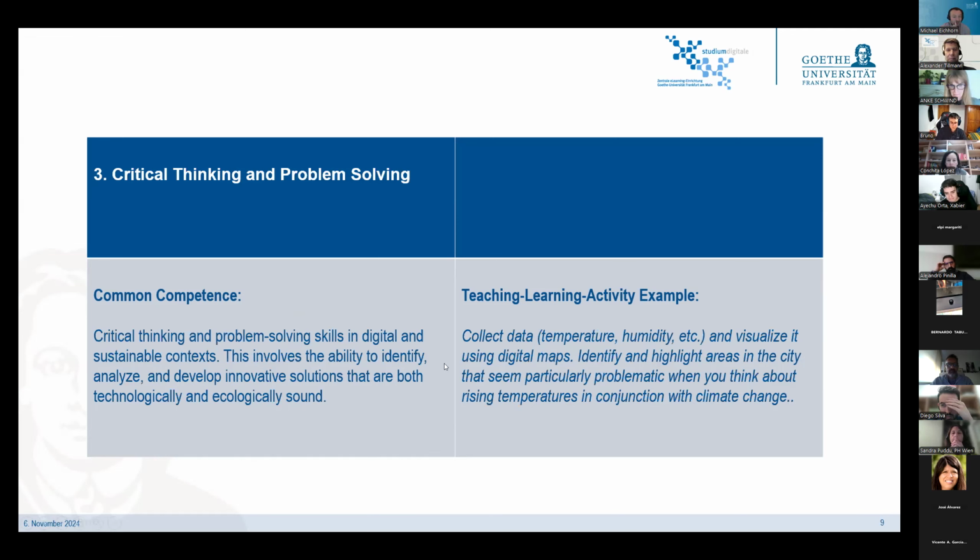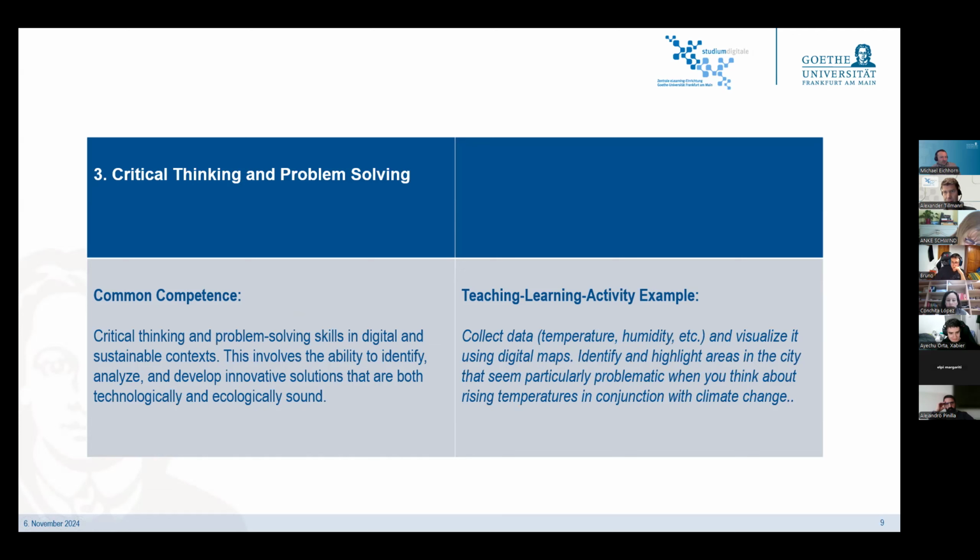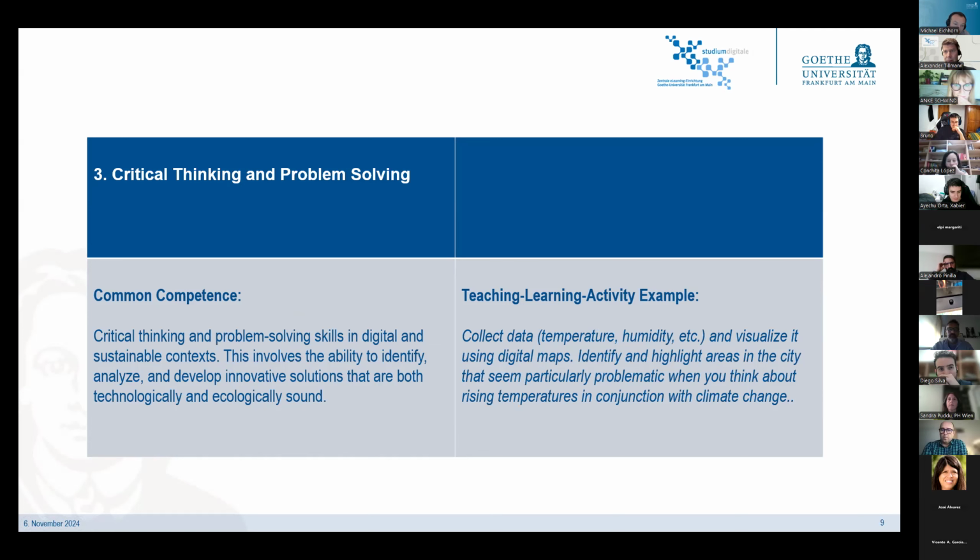The critical thinking and problem solving competence is defined by us as critical thinking and problem solving skills in digital and sustainable contexts. And this involves the ability to identify, analyze, and develop innovative solutions that are both technologically and ecologically sound.